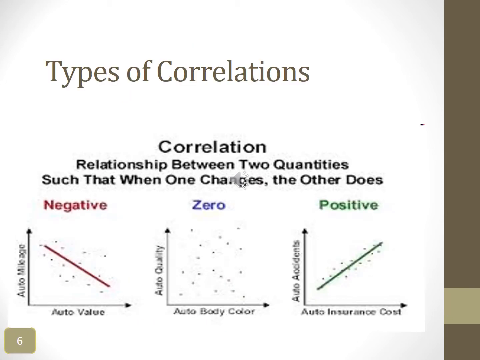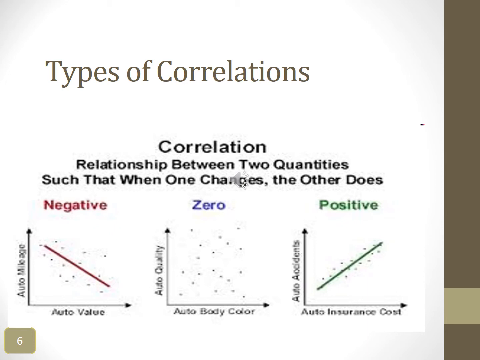So here is a graphical representation of the different types of correlations. So we have here negative, 0, or none, and positive. So on the very left, you have a negative or inverse correlation.